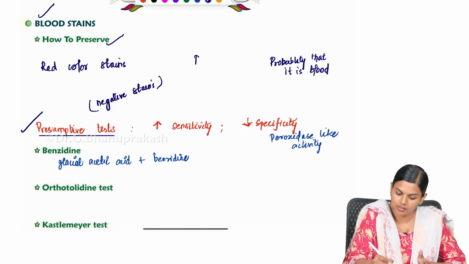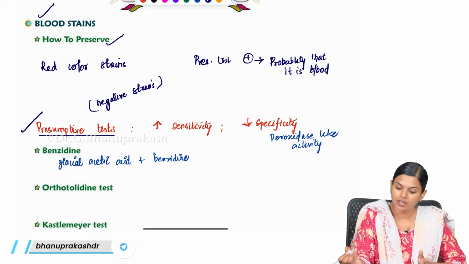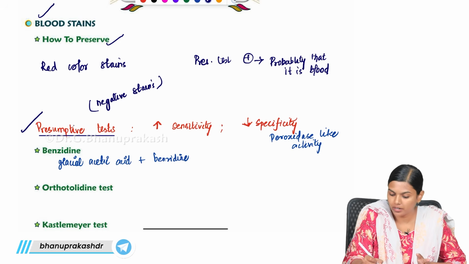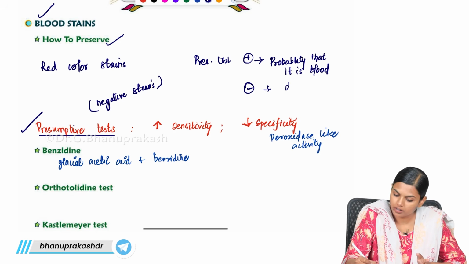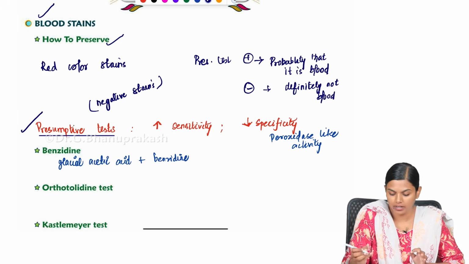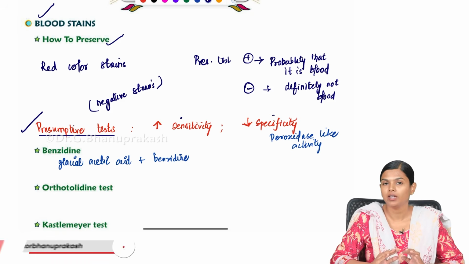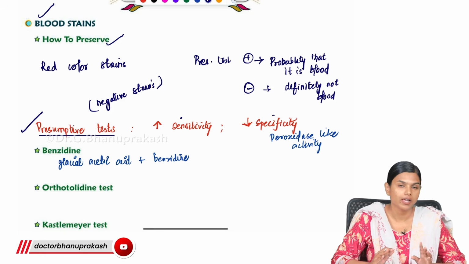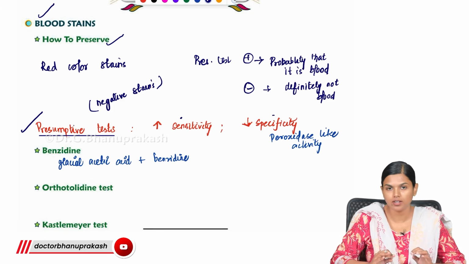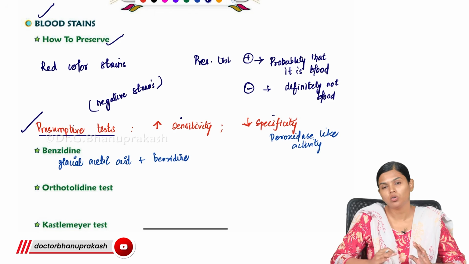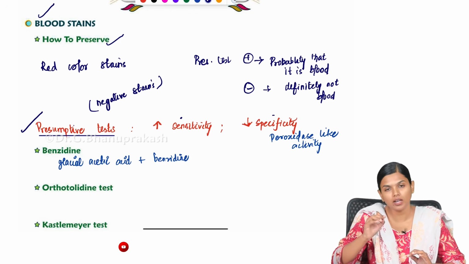Presumptive test is positive means it is probably blood, but if it is negative means then it is definitely not blood. So simply it has high sensitivity and low specificity. It can always exclude all the stains that is not blood, but to confirm you have to do another test. It is not specific but it is highly sensitive.